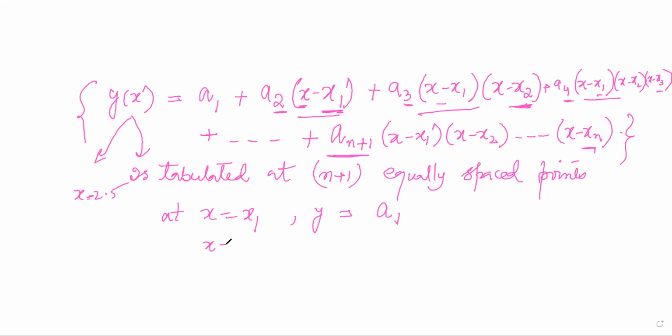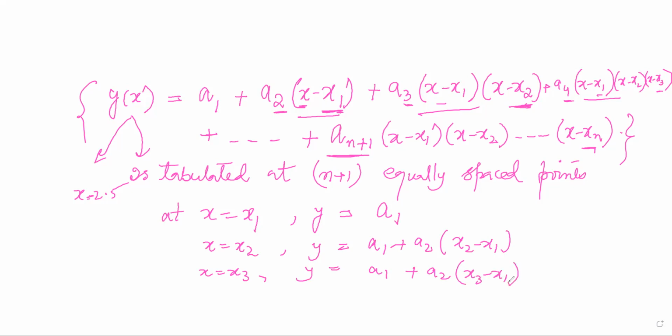At x is equal to x2, because x1 and x2 are the given values, y becomes equal to a1 plus a2 into (x2 minus x1), and the rest of the terms are 0. At x is equal to x3, the value of y will become equal to a1 plus a2 into (x3 minus x1) plus a3 into (x3 minus x1) into (x3 minus x2), and so on.